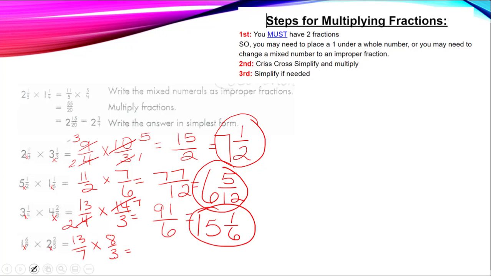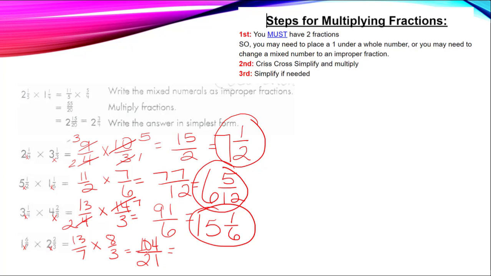Okay, now we have 2 fractions. Let's see if we can crisscross simplify. And we can't. So we can go ahead and multiply. 13 times 8, 104. 7 times 3, 21. So I have an improper fraction. I need to make it into a mixed number.